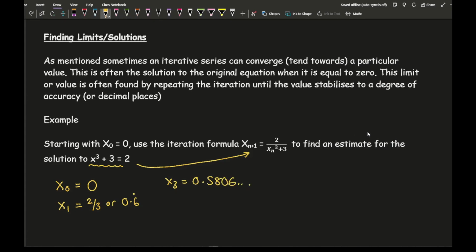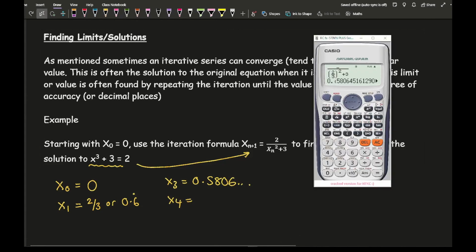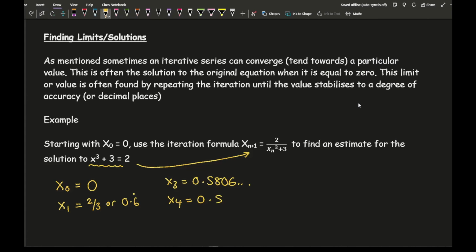Then I'm going to work out x3, in which I replace the 2/3 with bracket 0.5806, close bracket, press equals, and it gives me 0.59. And just remember the other digits, 93.